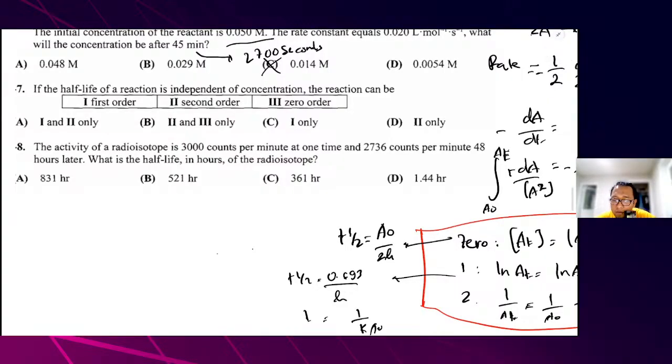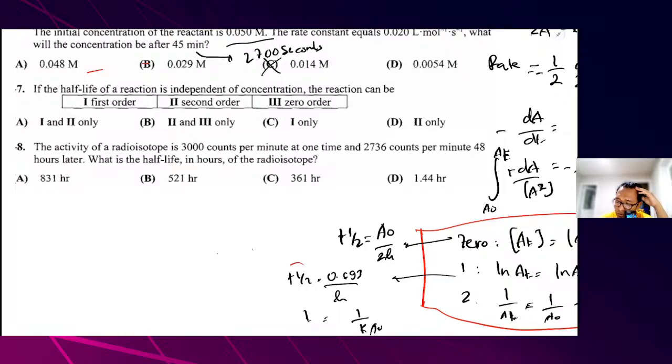So now let's move on to number 7. If the half-life of a reaction is independent of concentration, which reaction can it be? Okay, let's take a look at the reactions here.